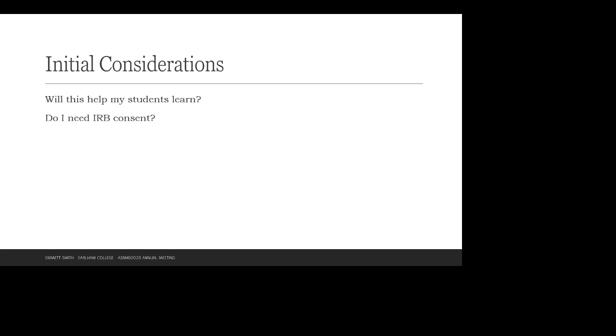Do I need IRB consent? And I'm going to talk about the process I used at my institution. How will I, the professor, ensure my students' privacy and safety? That's a pretty big concern for something like this, and we'll talk a little bit about how you can go about keeping your students safe and keeping their information private.